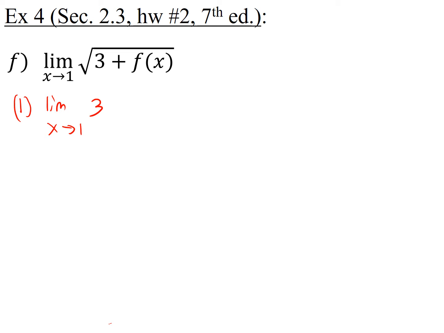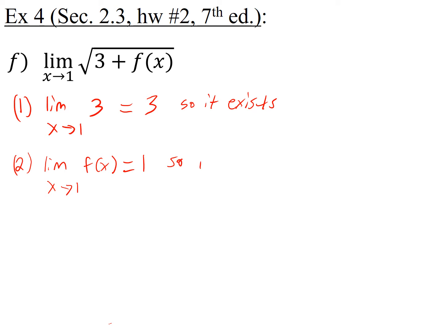Limit law 7 says the limit of a number is itself. So this limit is 3, so it exists. Then we need to say that the limit of f exists. Limit as x goes to 1 of f of x. From the picture, we saw the limit is 1, so it exists.